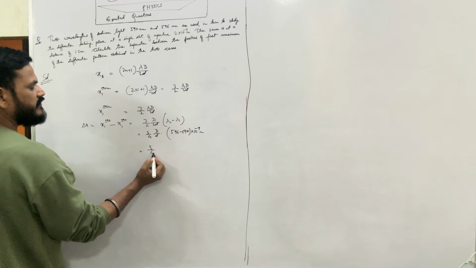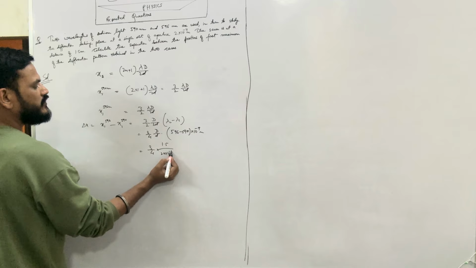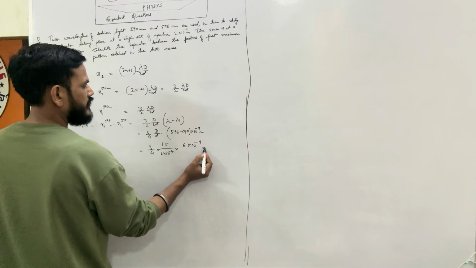So it comes out to be 3 by 4, 1.5 divided by d, which is 2 into 10 power minus 4, into 6 into 10 power minus 9 meter.